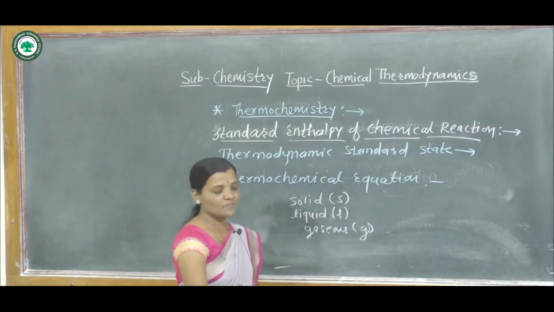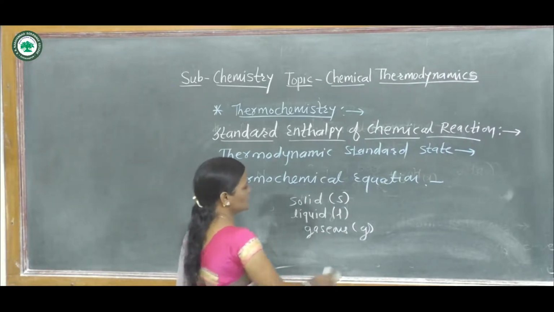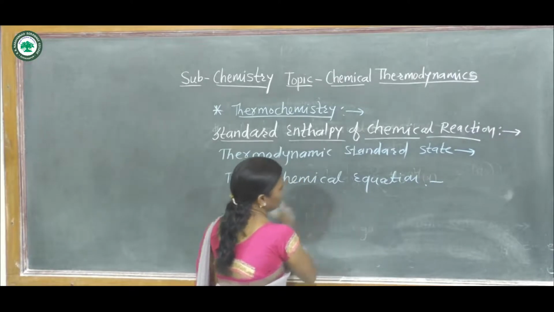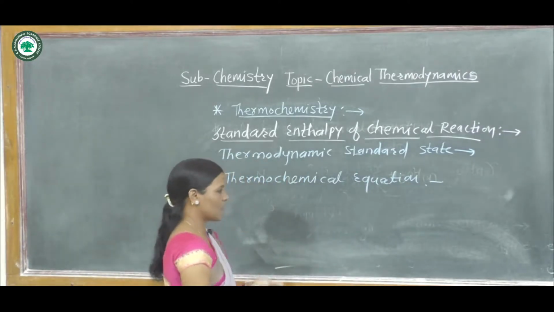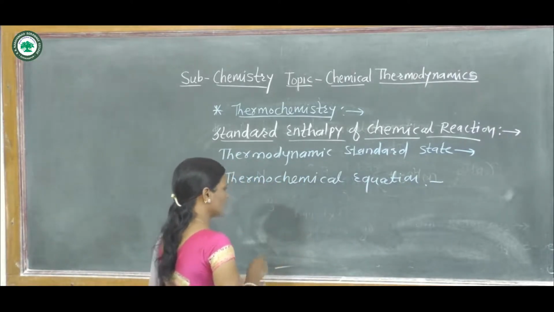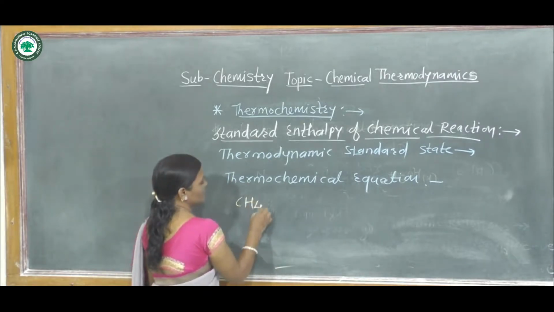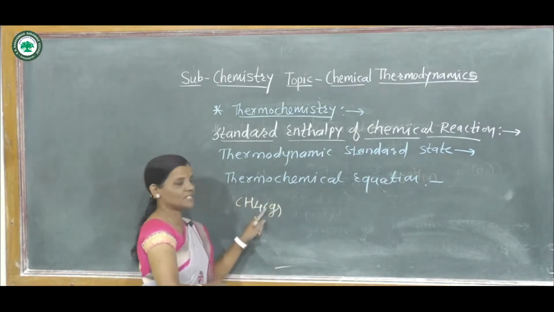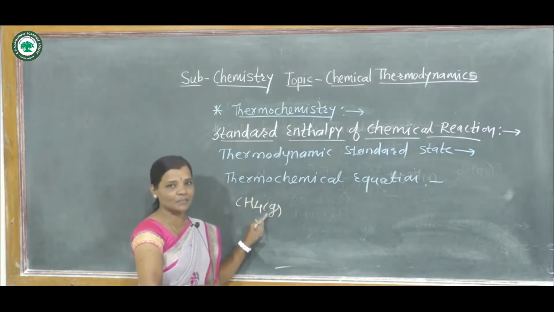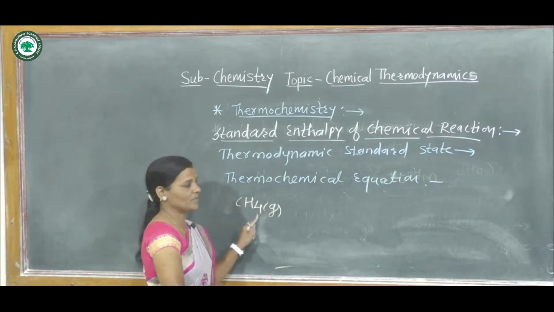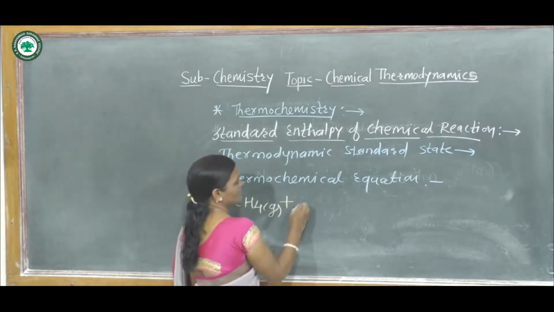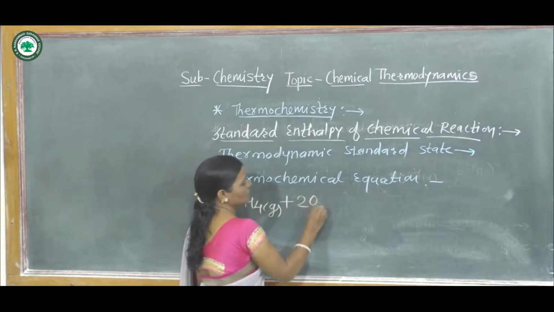For example, consider the combustion of methane. Combustion of methane gives carbon dioxide and water. Methane is present in gaseous state, so suffix G is written to methane, plus it combines with oxygen.